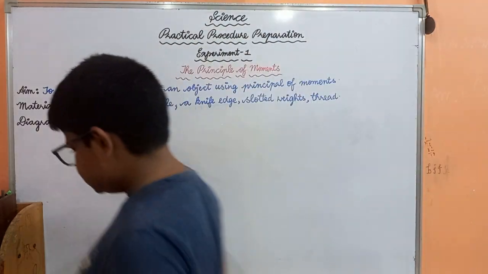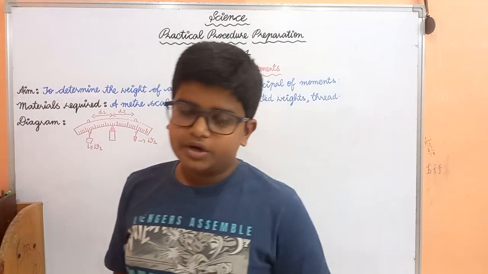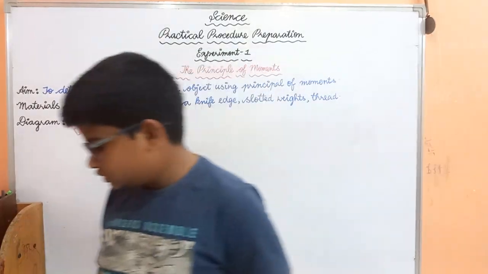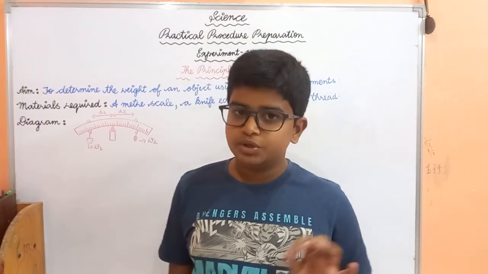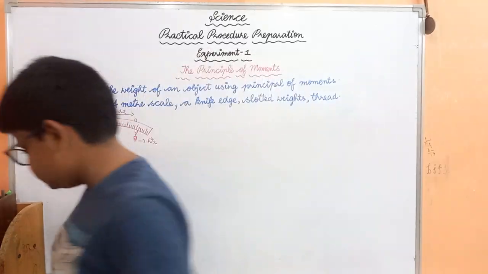Okay, now next, the formula required to find the weight of an unknown object is W1 is equal to W2 into D2 by D1.